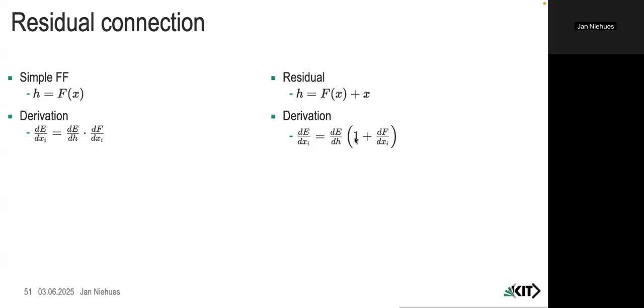Before you got a very small derivation, now you just continue giving the derivation. And if it's very large, maybe the difference between the very large value and the very large value plus 1 is not too big. But if you multiply with something, maybe it's better to multiply with something around 1 than to multiply with something which might be nearly 0.